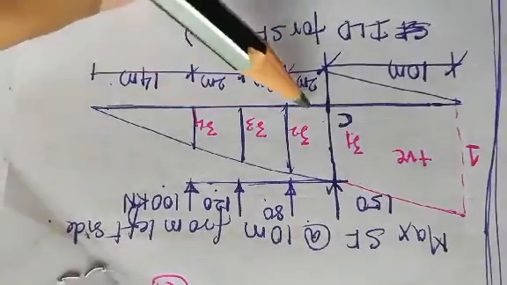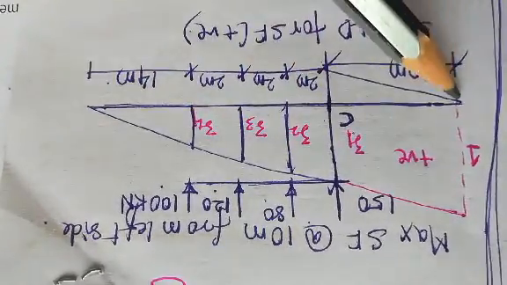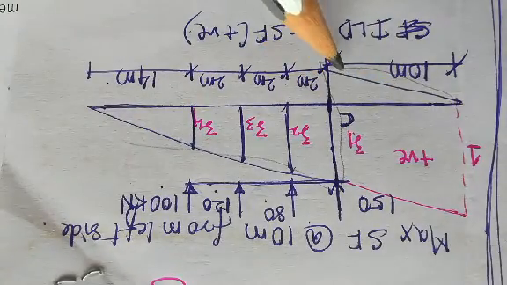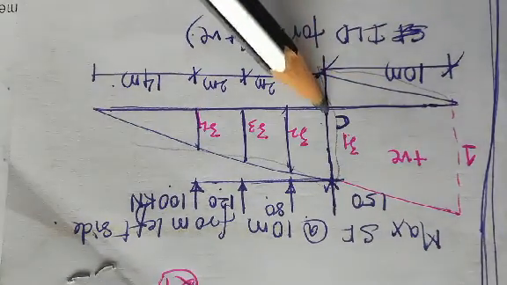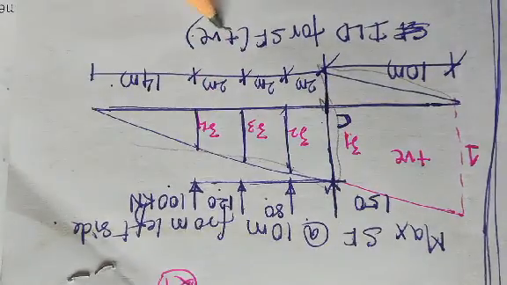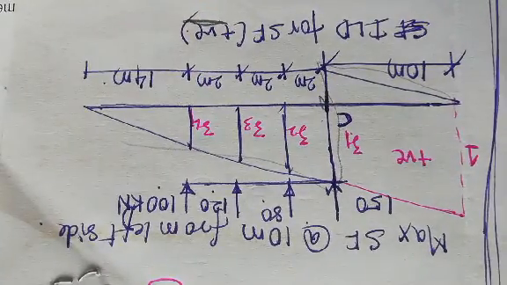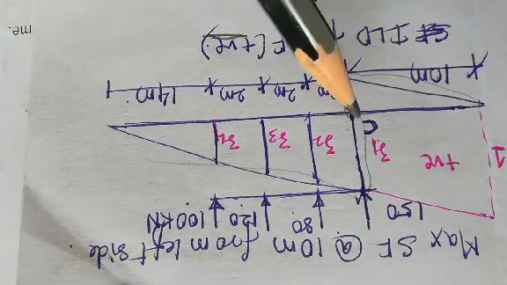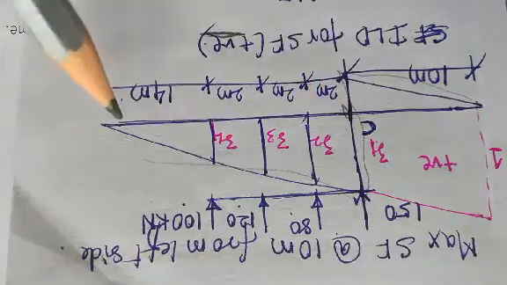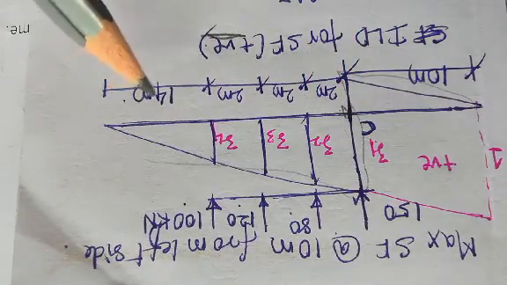Now the shear force diagram, we know the influence line diagram for shear force is in such a pattern. Now firstly we will calculate for positive shear force. We know for positive shear force the load should be in the CB section.